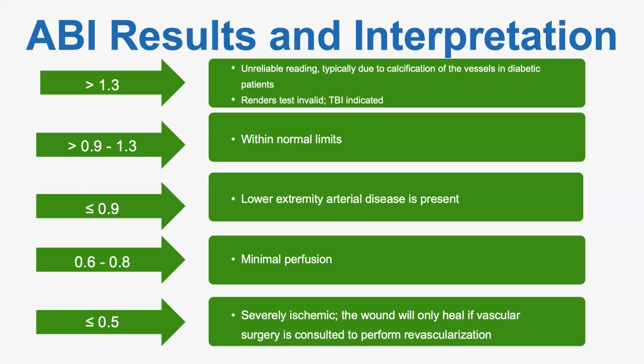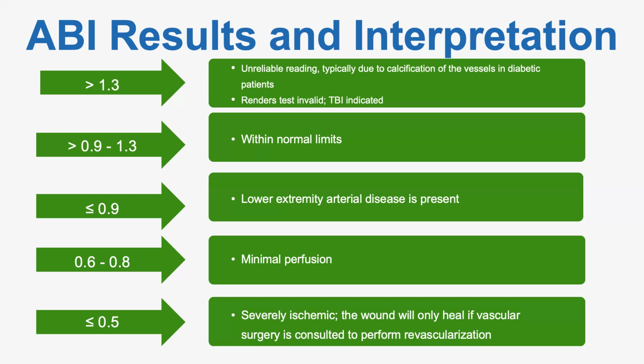A value less than 0.9 is diagnostic for arterial insufficiency, peripheral artery disease. The lower the value goes, the more severe the disease, and you can actually correlate these values with symptomatology. Values between 0.8 and 0.6 can indicate a patient with claudication.